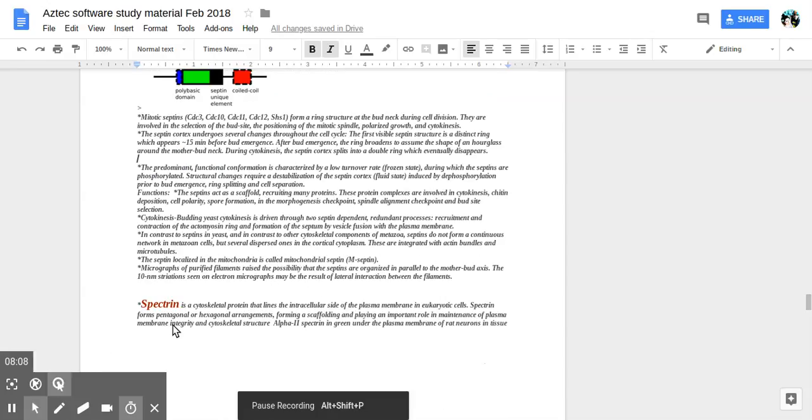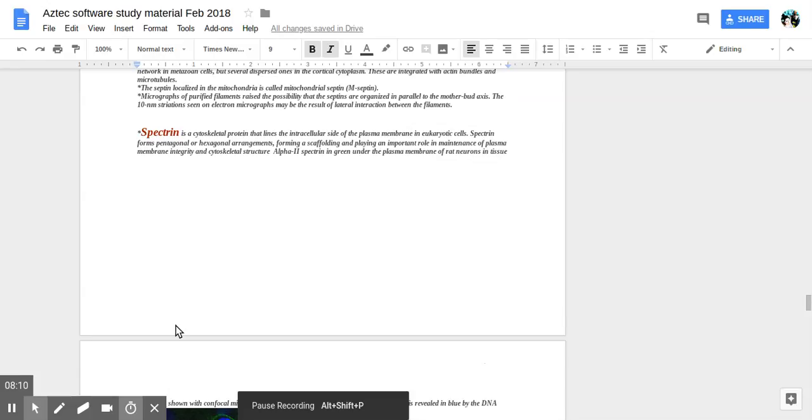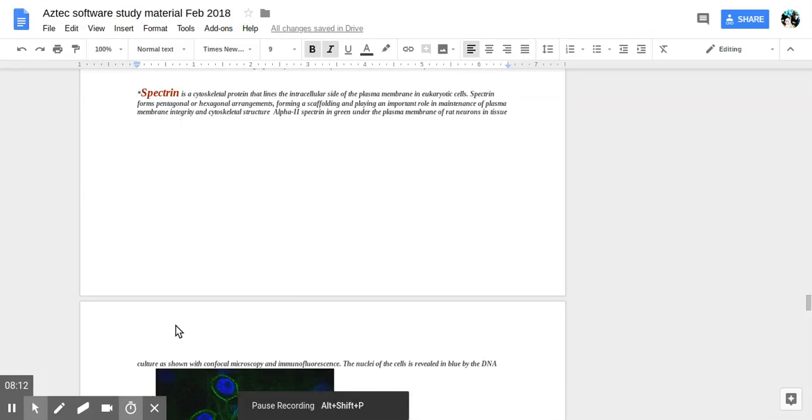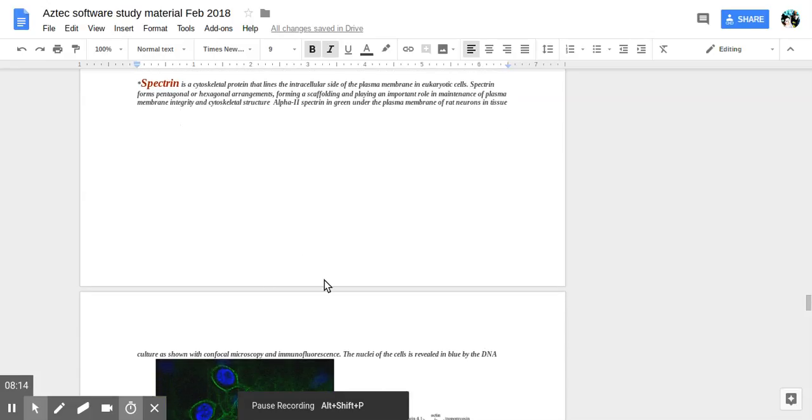Okay, so the next kind of protein we're learning about is called spectrin. Spectrin is a cytoskeletal protein that lines the intracellular side of the plasma membrane in eukaryotic cells.